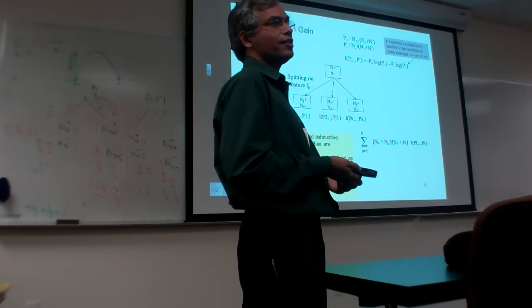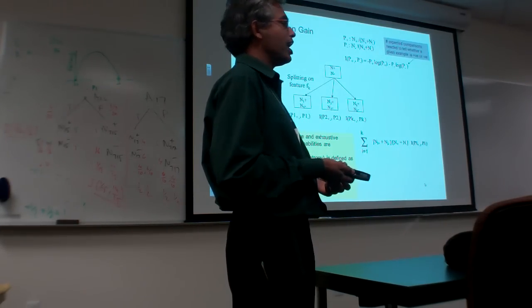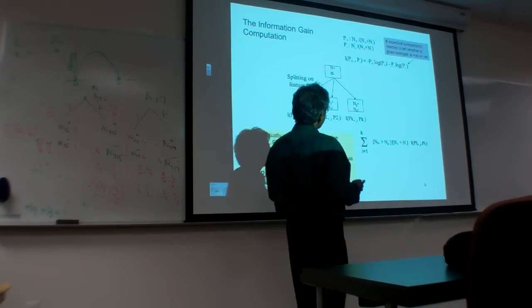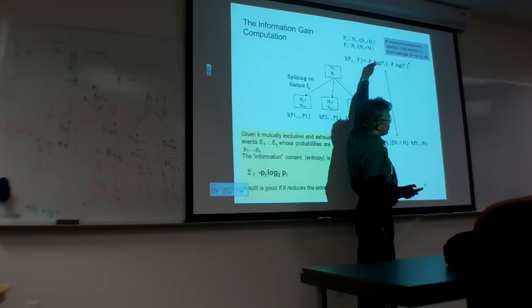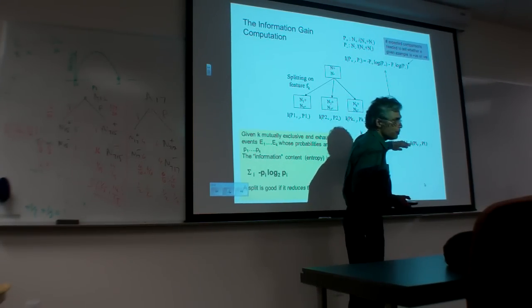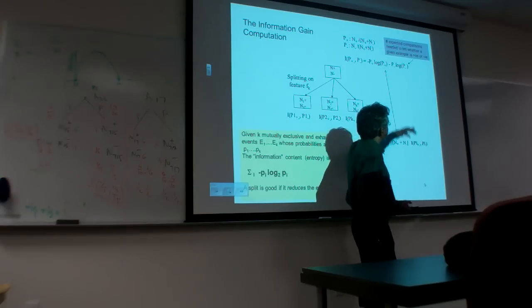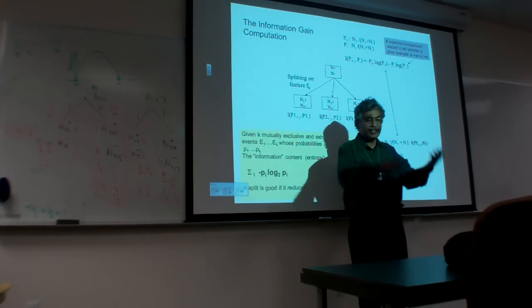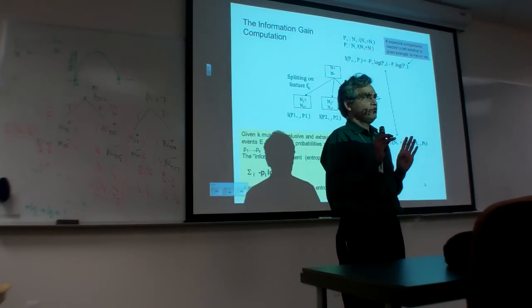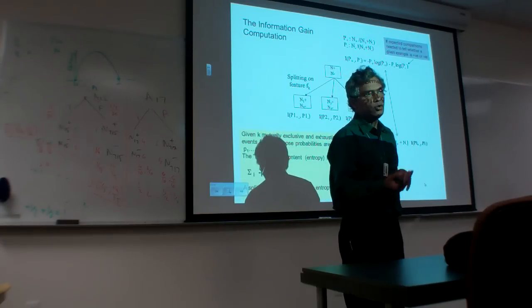So now I can talk about this being the original entropy, and this the entropy after. So you can talk about what is the gain. Information gain is entropy reduction. You gain information when you reduce the disorder.